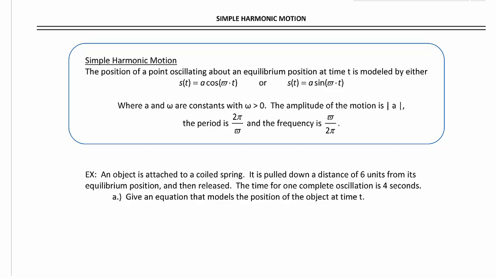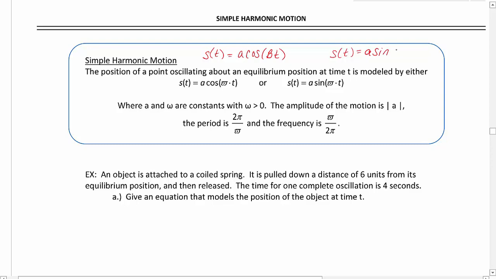All of this is very familiar to us. Although they're using omega, this looks very familiar to just our regular cosine and sine functions. We were using x usually instead of t, but you'll notice that omega is just the same as b.